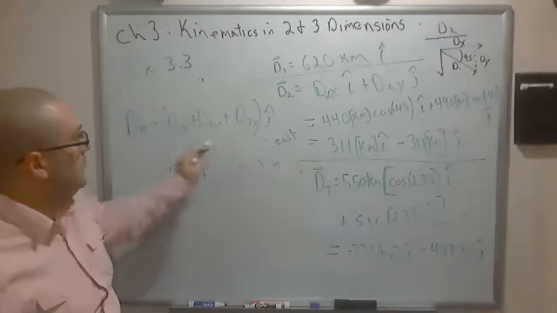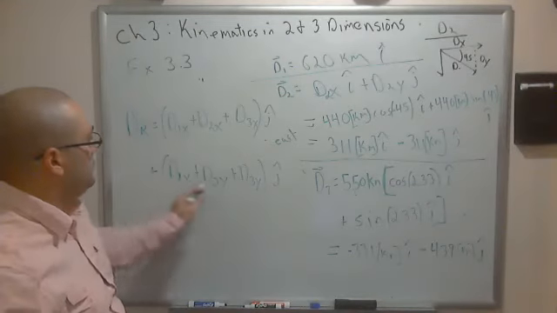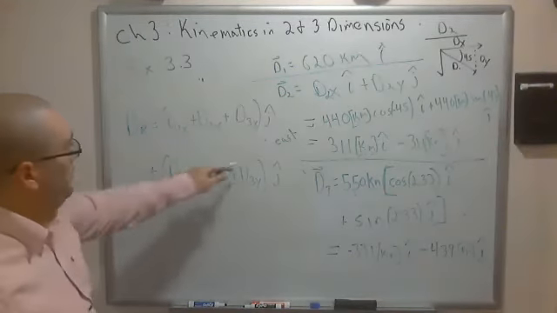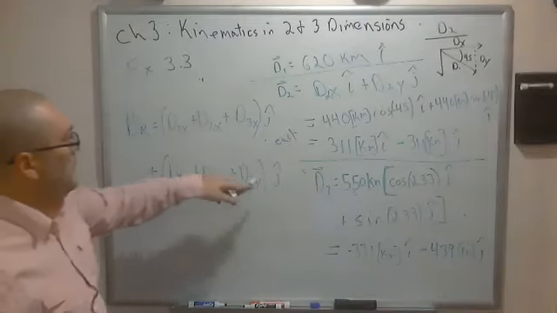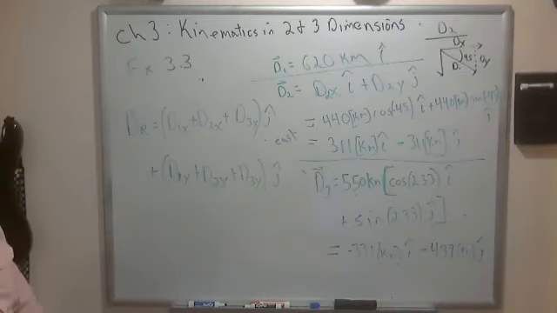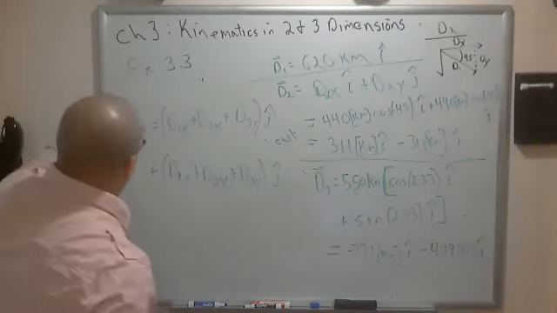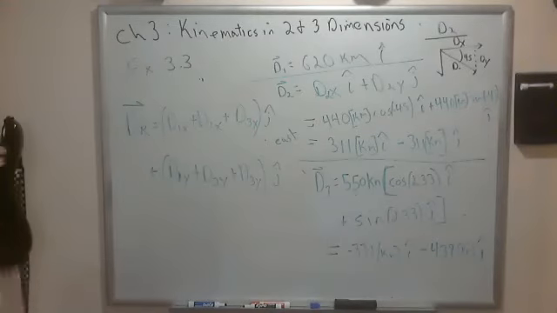This is the x component of the resultant vector. This is the y component. And then we get the full vector by using these two components. And then remember that we have to put that symbol up there to show that this is a vector now.